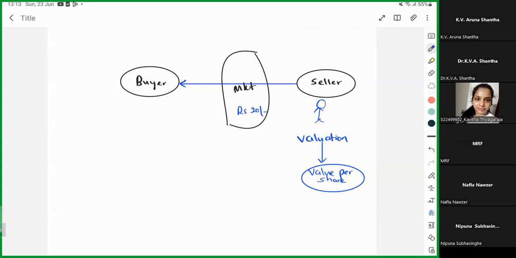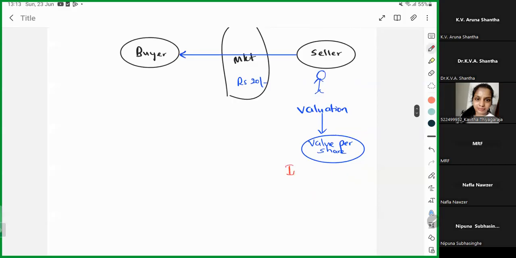How much is your share worth now? Technically we call that value per share. You should learn this term, intrinsic value. You better take it down, this is a very important term. So you do a valuation and calculate the intrinsic value of your share.